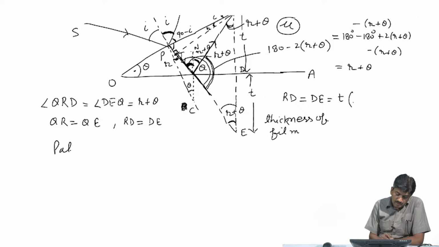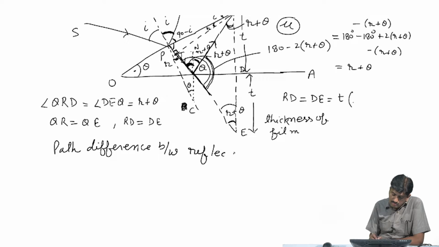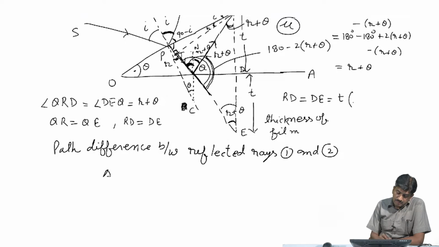Path difference between reflected rays 1 and 2, delta P.